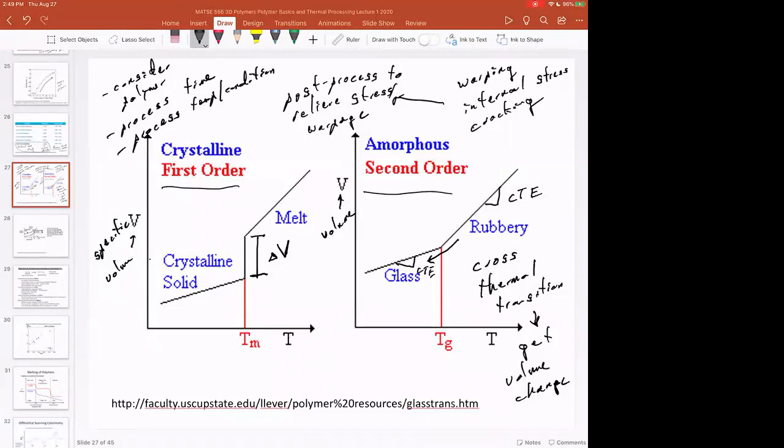You'll see in some additive processes that we talk about in material extrusion, those processes will be done in an oven. So some 3D printers have built-in ovens to get rid of warpage, because if you're transitioning a big temperature region, of course, you have a big delta V for large temperature swings.